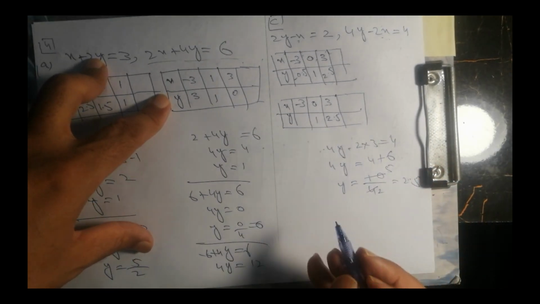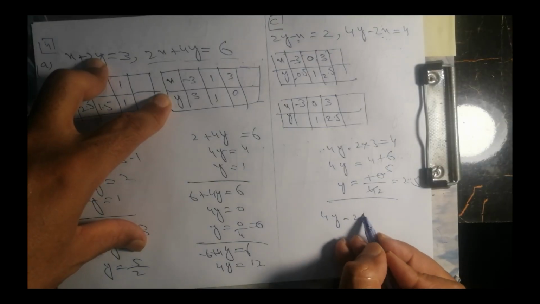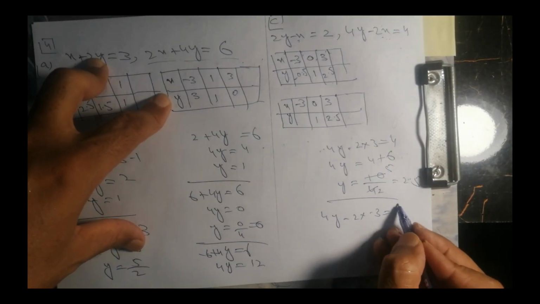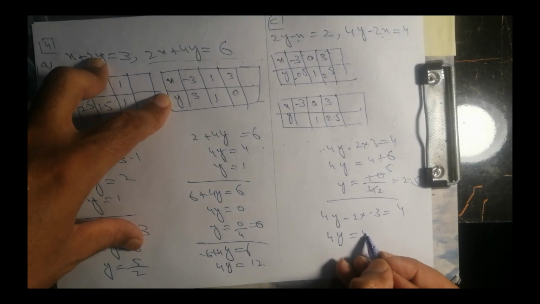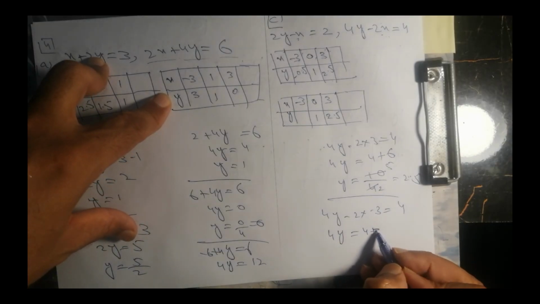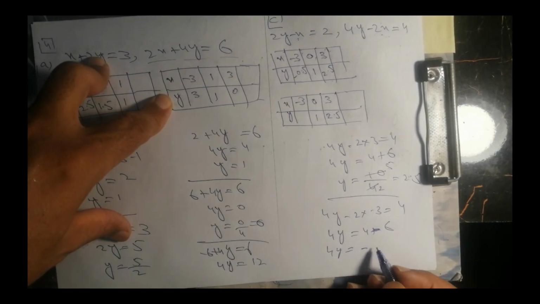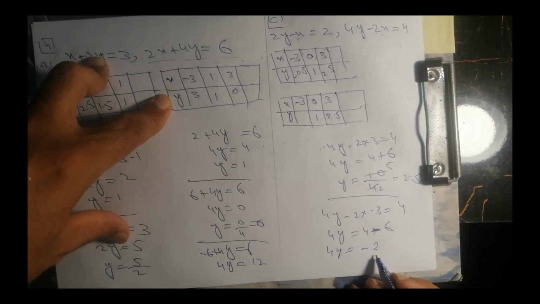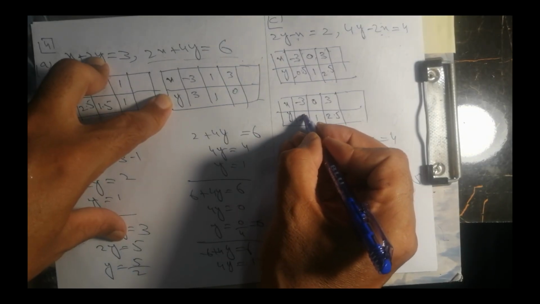And for minus 3, 4y minus 2 into minus 3 equal to 4. 4y equal to 4 plus, here it is minus 6, so 4y equal to minus 2, and minus 2 by 4 will be minus 0.5.